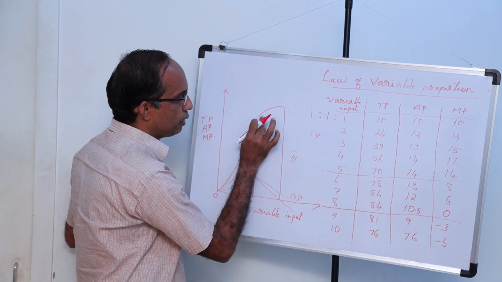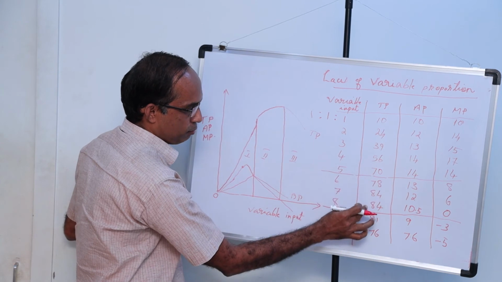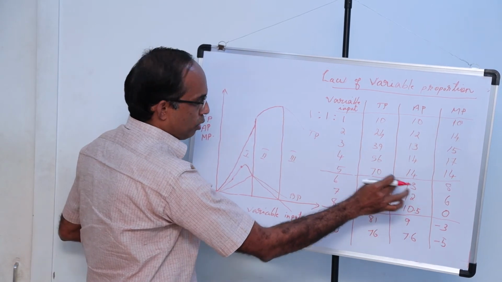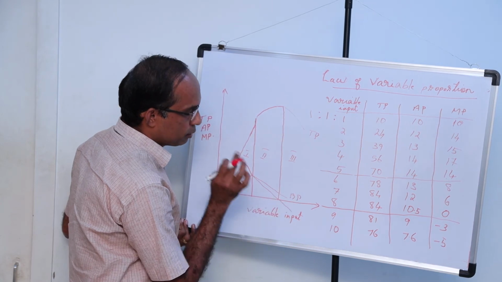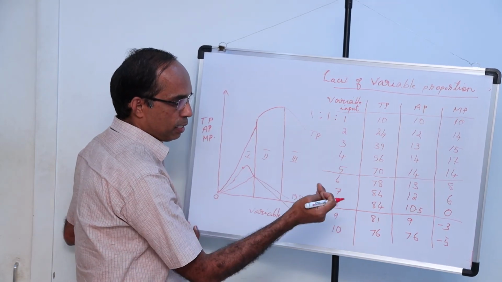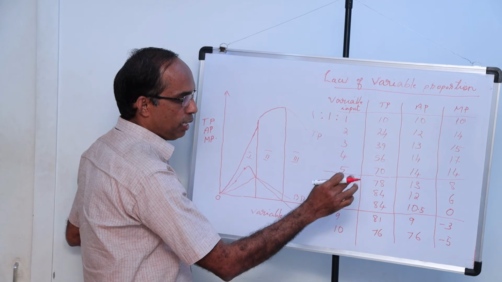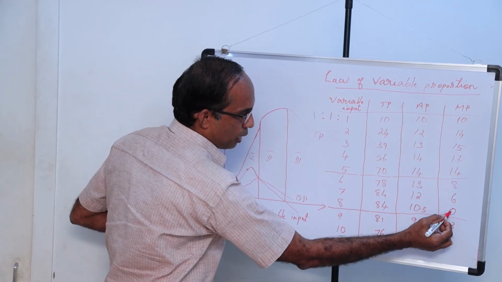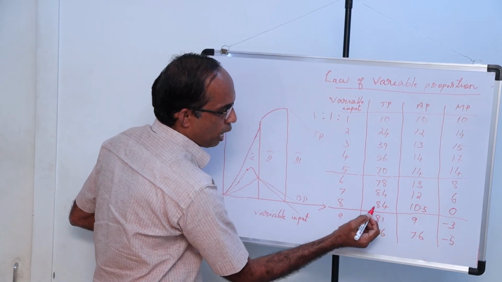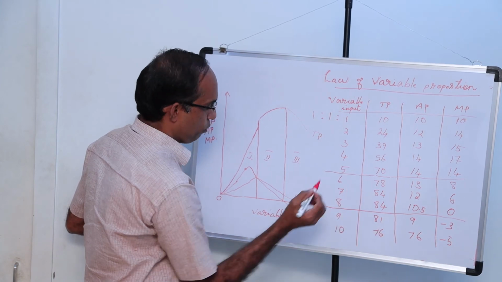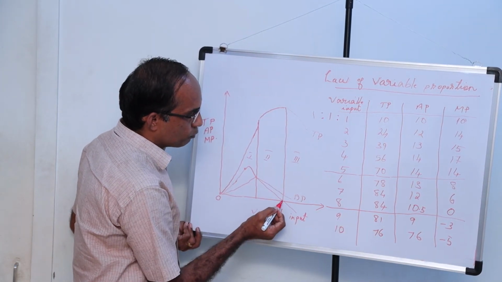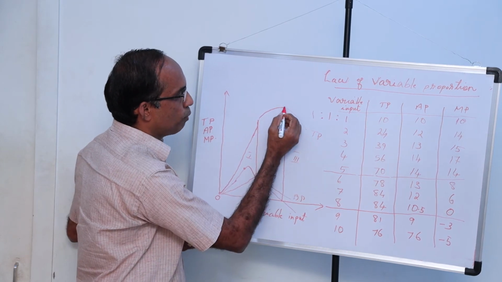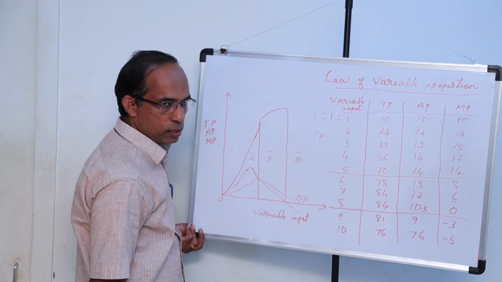Total product increases at a diminishing rate, and average product is decreasing, marginal product is decreasing. Where does the second stage end? The second stage ends when marginal product becomes zero and TP becomes maximum. In the diagram also, in the second stage, MP becomes zero and total product becomes maximum, right?